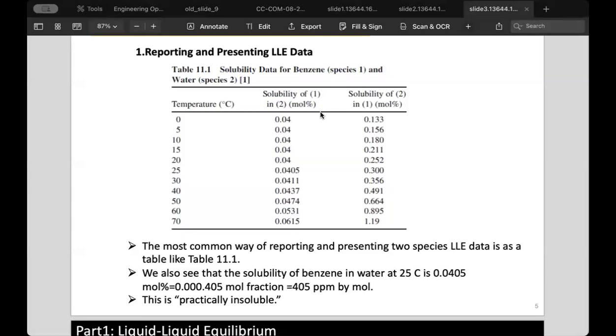So this is a very common way to report the data, using a table. And you see how solubility changes. Normally, once we increase the temperature, most of the time the solubility increases, for both phases.